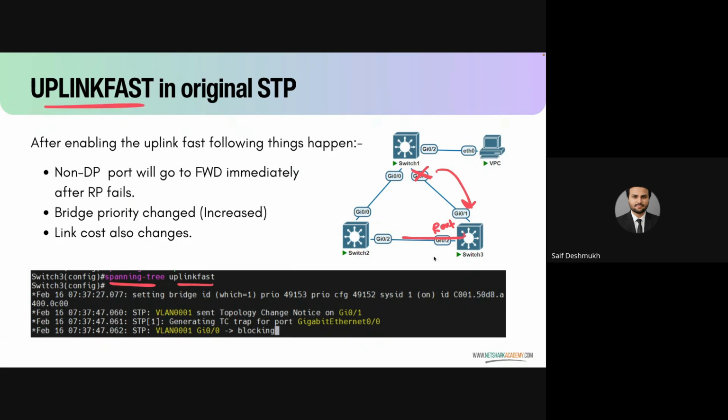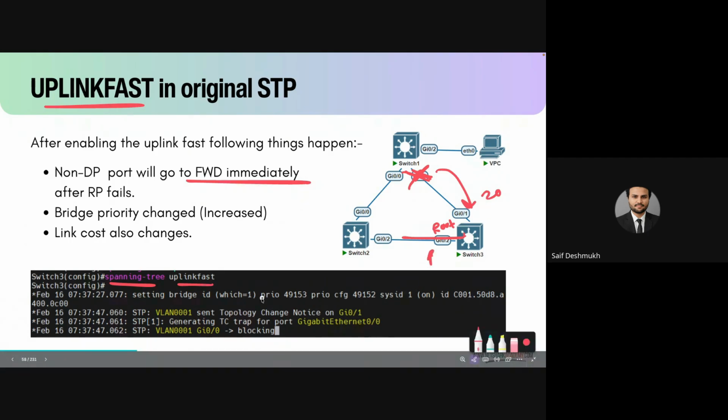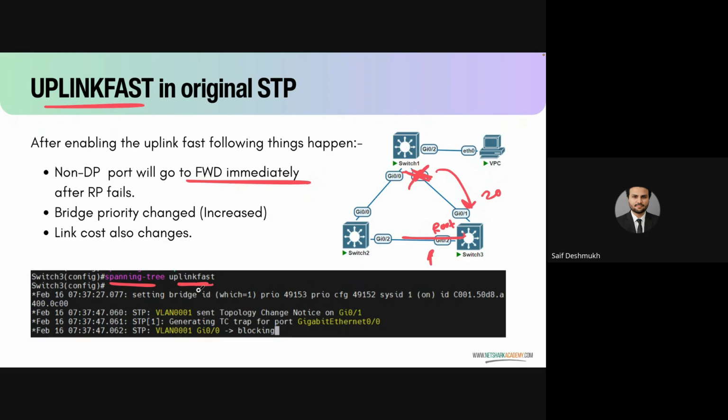What happens? Your blocking port will immediately go to forwarding. As soon as you lose the main root port, it's not going to wait the 20 seconds. Immediately, this is my new root port. The debug says, hey, I think something happened. But when you do UplinkFast, you have to do it on access-layer switches only.